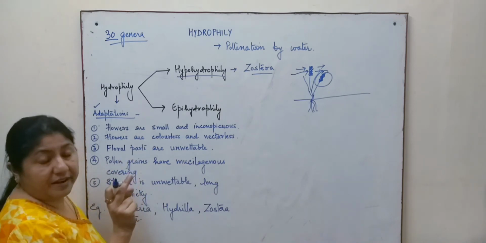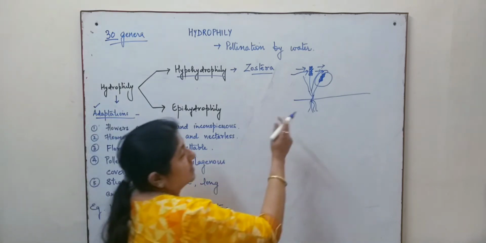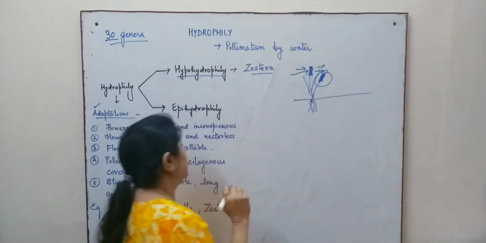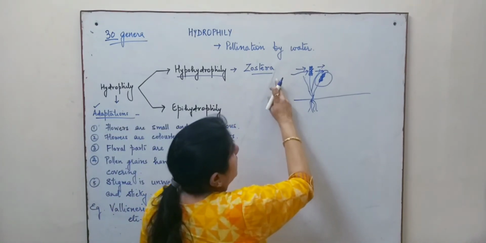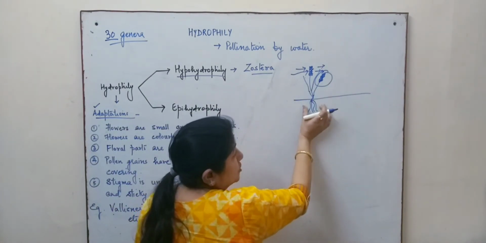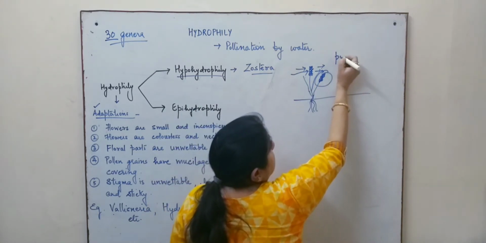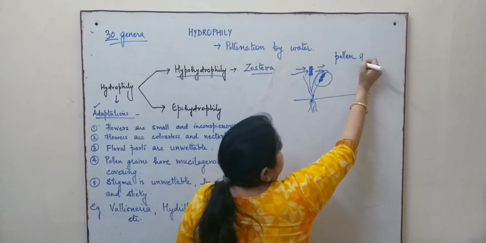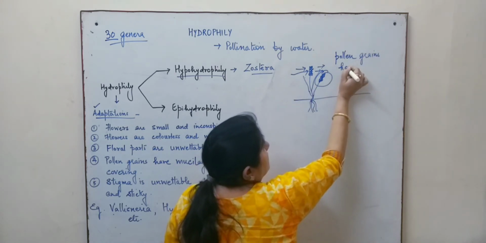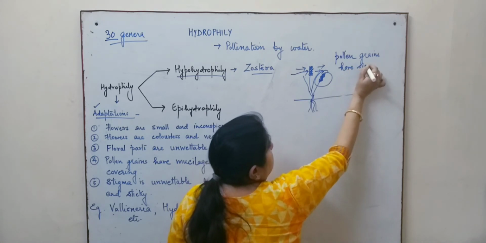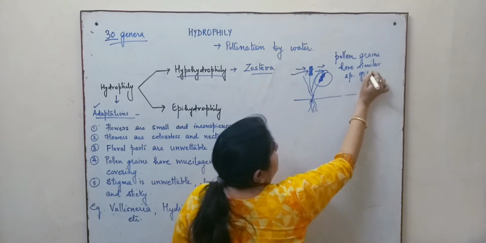If the specific gravity of the pollen grains were more, they would tend to settle down. So specific gravity has a very important role here, and the submerged plants need to have the same specific gravity. The pollen grains in Zostera have similar specific gravity as that of water.